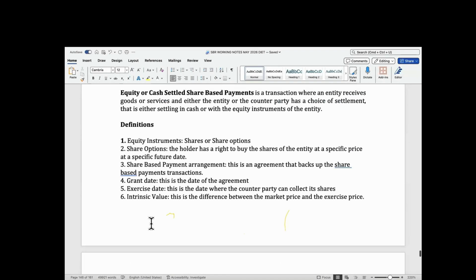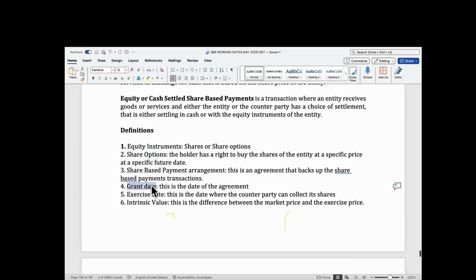These are terminologies that we are going to be mentioning all through this class. I'll be mentioning a lot of share options, and there are other ones like share appreciation rights or whatever name the examiner wishes to call them. Also, we'll be mentioning grant dates a lot of times, which is the date the agreement was signed.